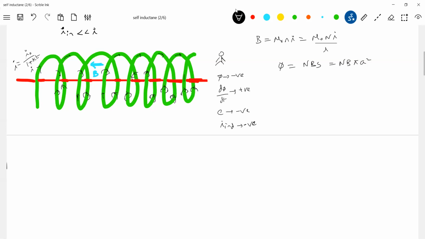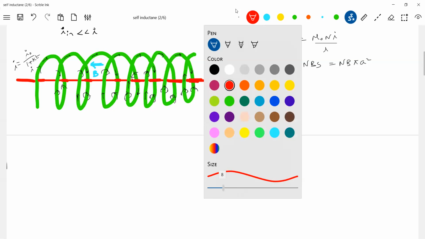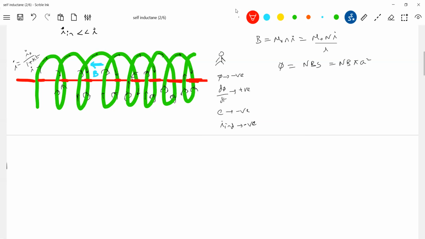Now the induced current, according to Lenz's law, how should it flow? It should flow in the direction of the actual current, because the induced current should oppose the cause. What is the cause? Decreasing current. So here the induced current will try to increase it.